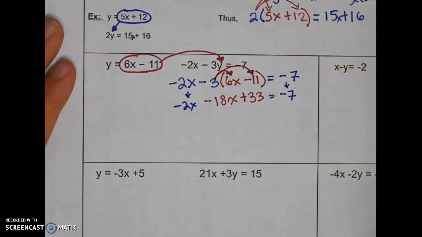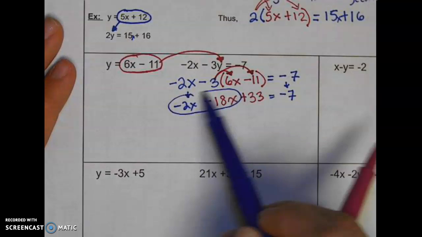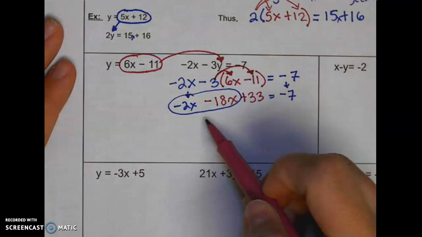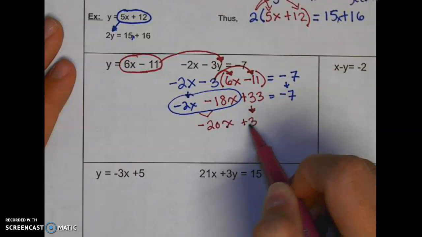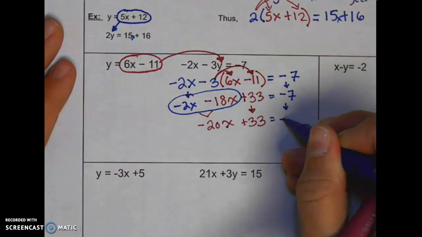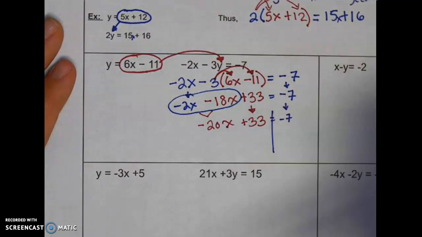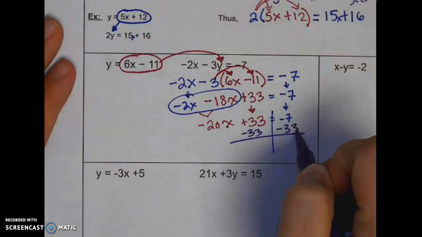Now I can combine my like terms. I can combine the negative 2x and the negative 18x, which is going to give me negative 20x. Bring down my positive 33 and bring down my negative 7 again. Now it's just a two-step equation. How am I going to get negative 20x by itself? Well, I can subtract 33 from both sides.